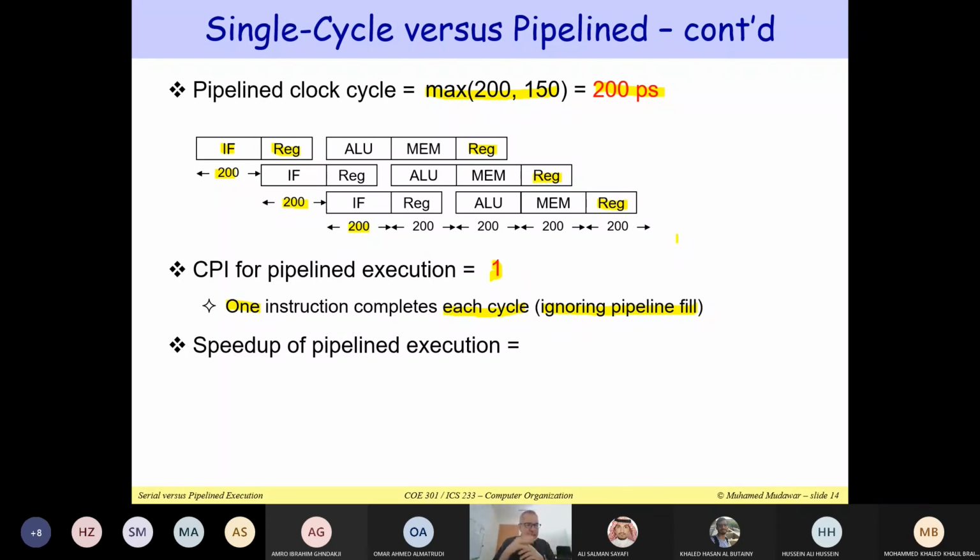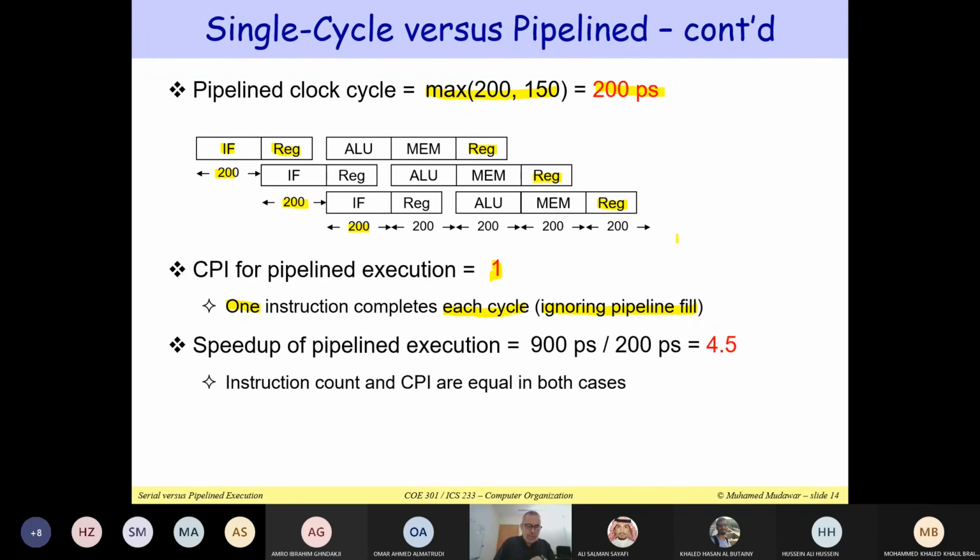The clock cycle was 900 picoseconds in the single cycle, and it's only 200 picoseconds. So we achieved a speed up of 4.5. So 4.5x faster: the pipeline CPU over the single cycle CPU.